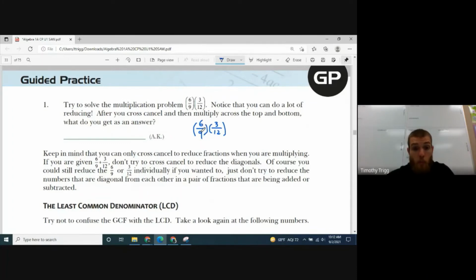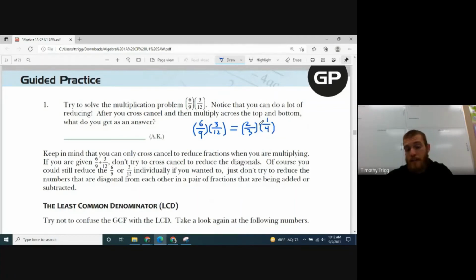I can divide both of these by 3, giving me 2 over 3. And I can reduce this fraction as well, dividing both top and bottom by 3, since this is divisible by 3, and 12 is divisible by 3. That's 1 out of 4.